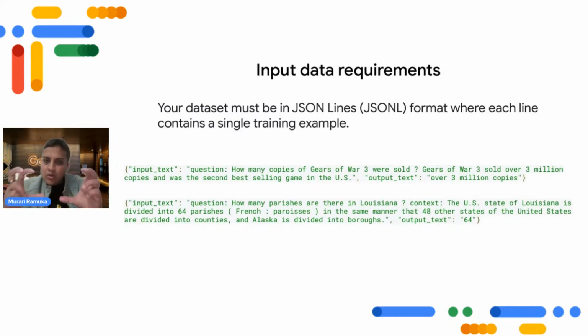And this is how you create a JSON file with 100 plus or 200 or 300 examples, and based on that the model goes ahead and creates a pipeline and then creates an adapter layer on top of the foundational model, right? In the second example, you can see that there's an input text which has been given as part of the questions. Sometimes you also give the context, and then you give the output text, and this is how you define the input data to the foundational model, and then tune the foundational model, right?